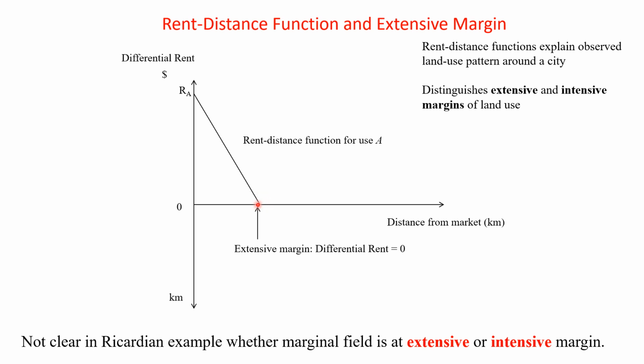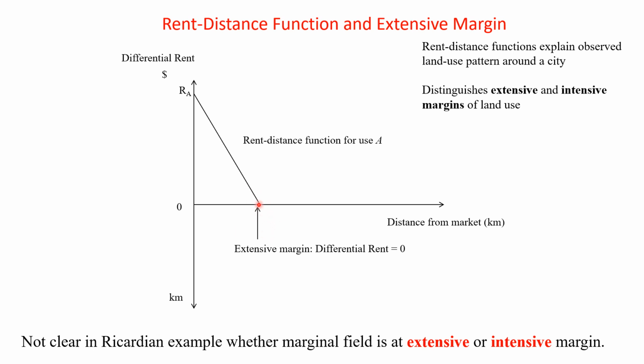But at some point, some distance from the market, you end up having to change land use. You can no longer produce dairy because the spoilage as you try to bring your product to the market is just simply too great, and you don't earn any more rent.